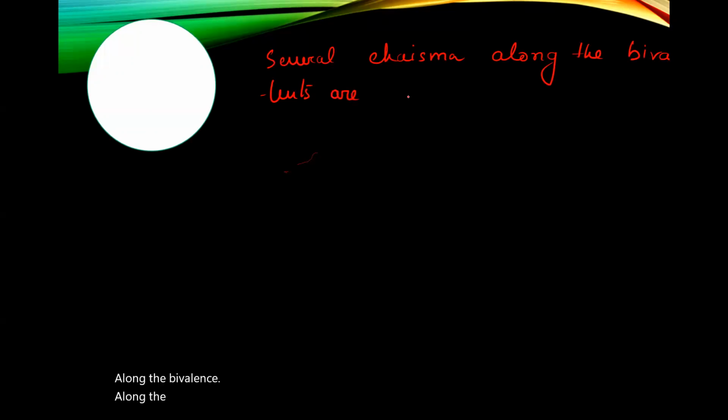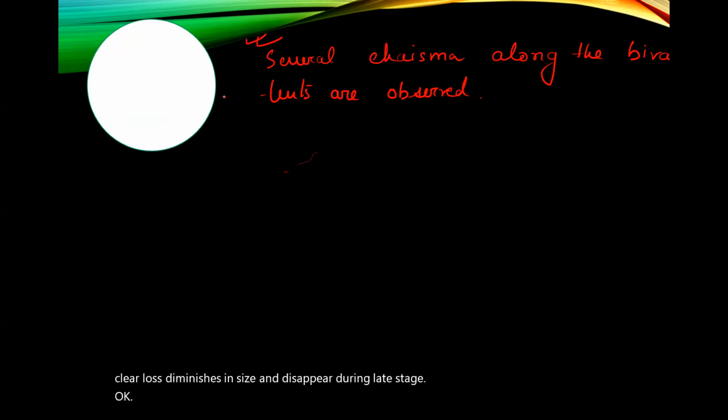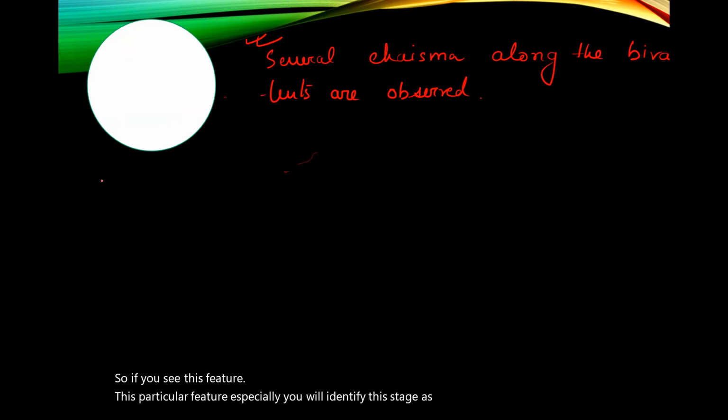Note this point. This is very, very important. The nucleolus diminishes in size and disappears during the late stage. So if you see this particular feature especially, you will identify the stage as the diplotene substage of prophase 1.